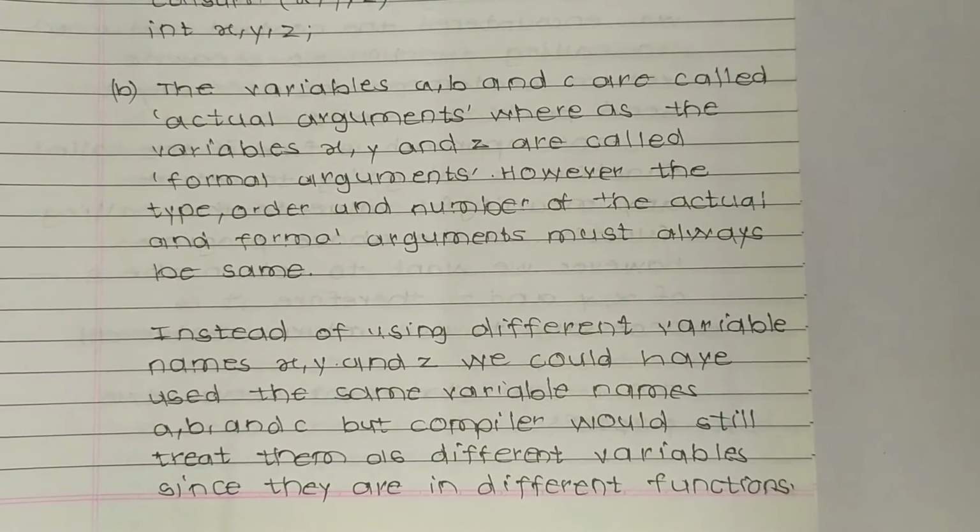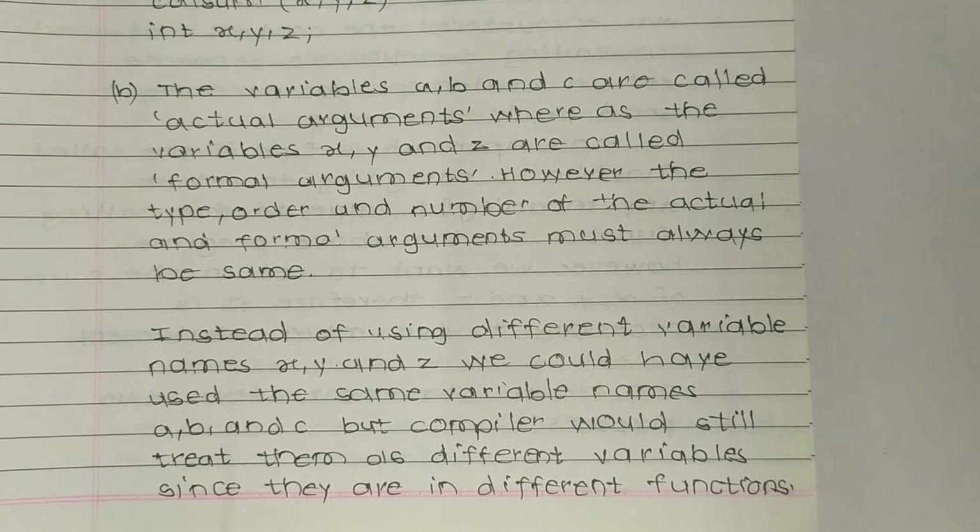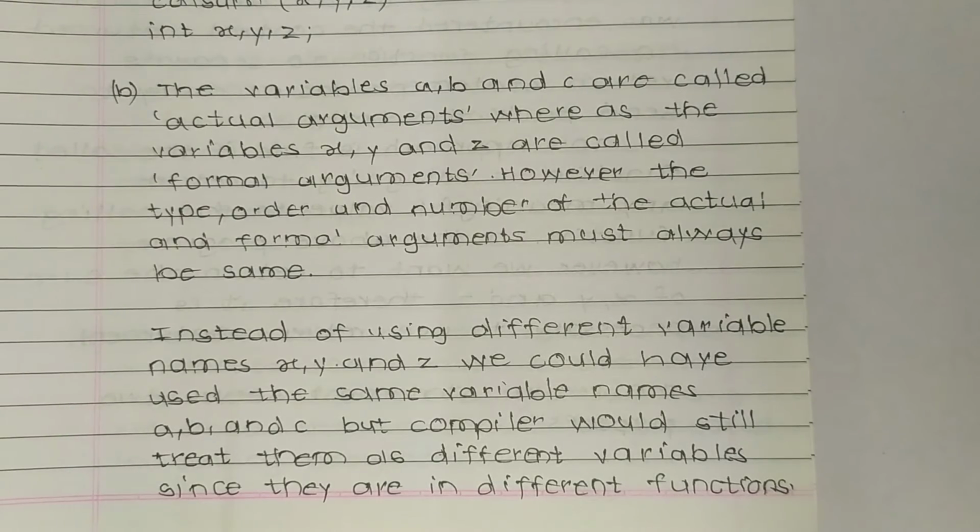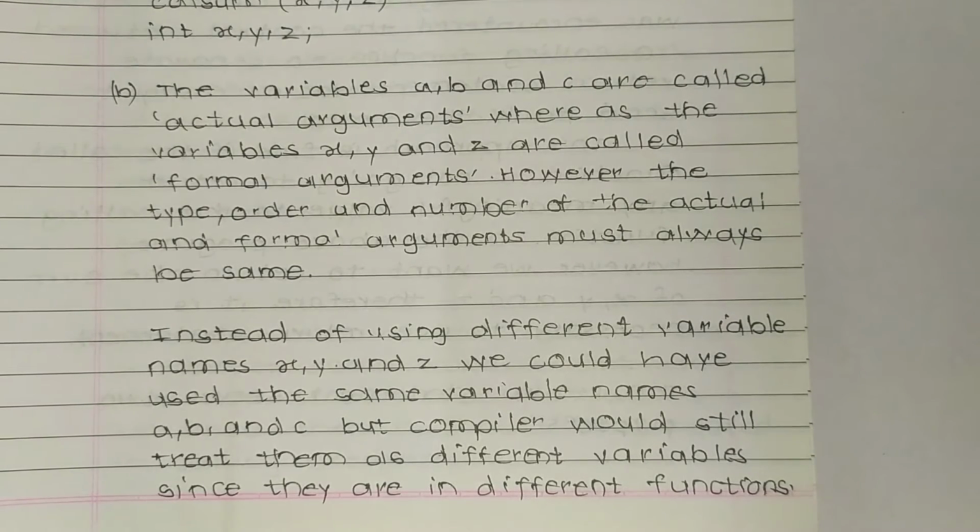Instead of using different variable names x, y, and z, we could have used the same variable names a, b, and c, but the compiler would still treat them as different variables.